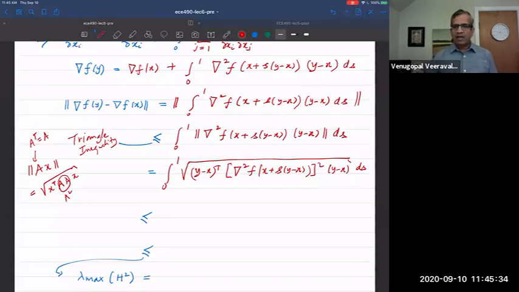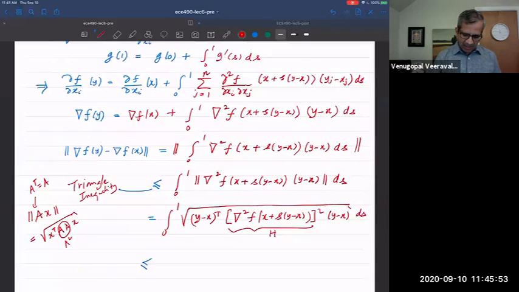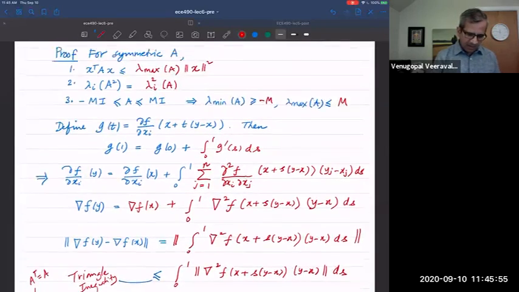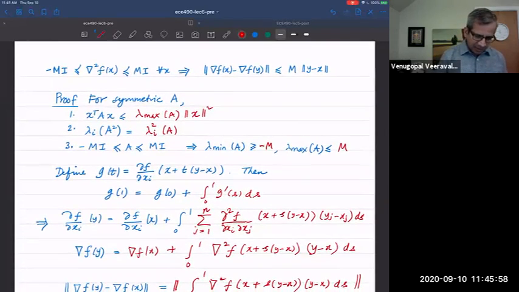This is where I'm going to now exploit the eigenvalue properties, right? So let's call this matrix H, inside, before you take the square. So this is H, the Hessian. If I look at this result here, it says that for any matrix, X transpose AX is at most lambda max of A times the norm of X squared.